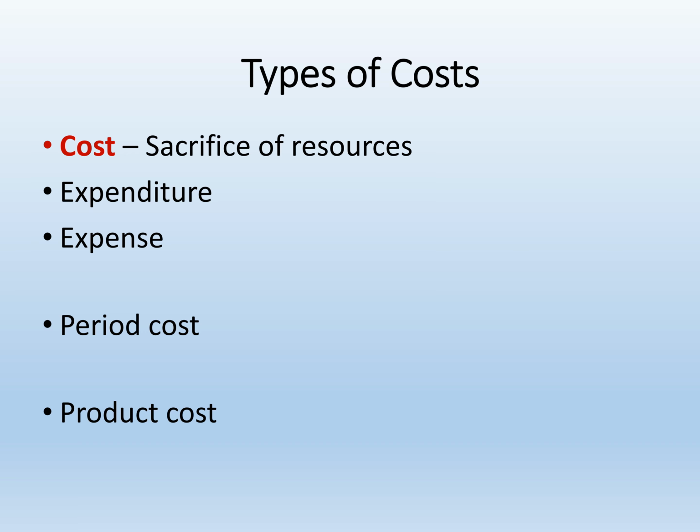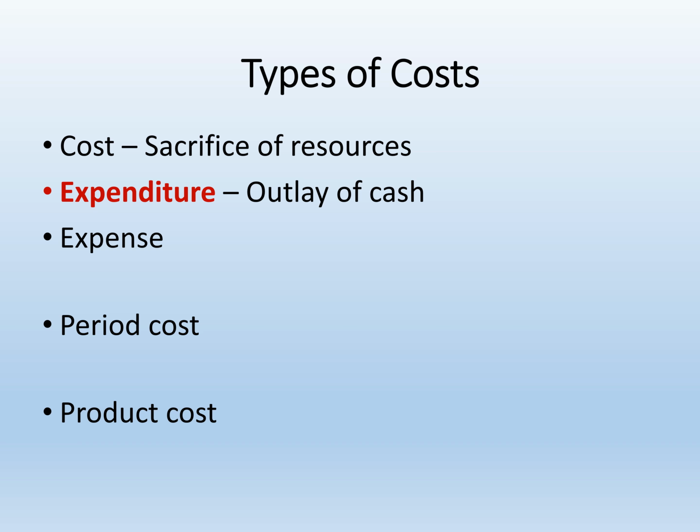The question that we have to deal with is how to recognize this from an accounting point of view. The word expenditure comes from the root word for spend, and it specifically means an outlay of cash.